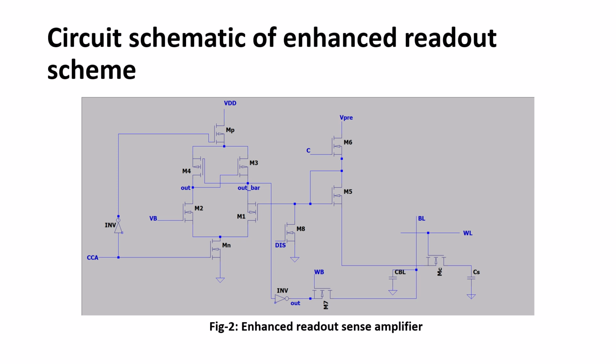If output bar is trying to discharge through the ground, output bar is decreasing, as a result of which this M4 transistor tries to turn on. At some point of time, this M4 transistor turns on and VDD pulls up this output node, and that's how we sense that the voltage stored across this capacitance is logic 1.